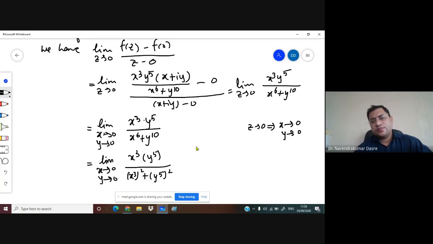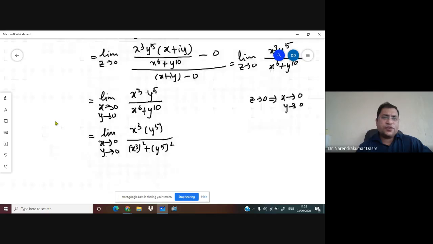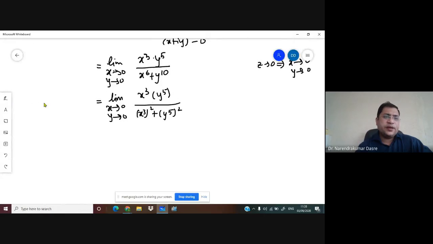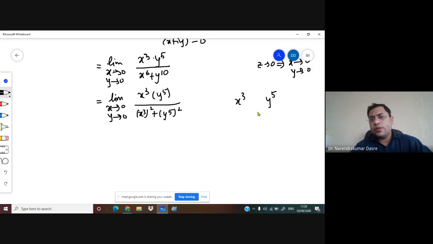So if I want to have a solution for this simultaneous limit, then I have to relate them. There is some relation between x cube and y raised to 5. So what can be the relation? The first relation, x cube is equal to y raised to 5, or the second relation, m x cube is equal to y raised to 5.